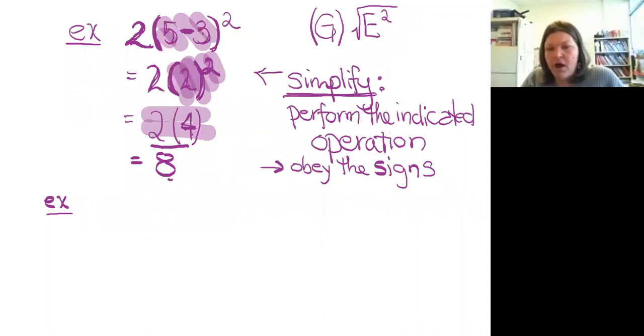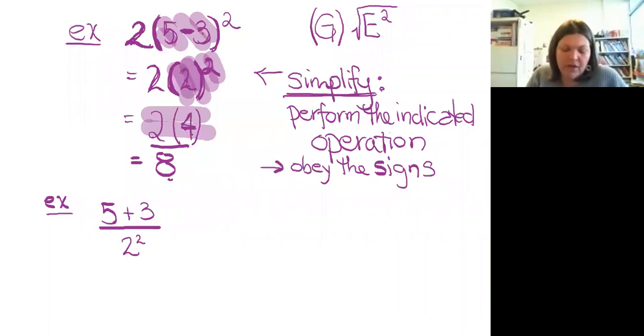Okay, so let's look at another tricky example that messes with a lot of people. When they see fractions get involved, people will lose it. They will just freak out. Okay, so here I see the problem.